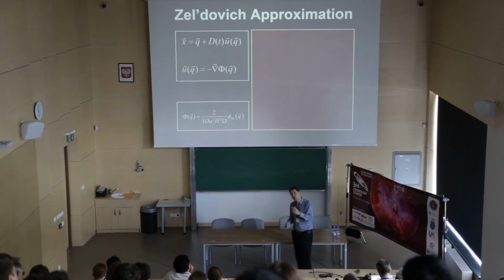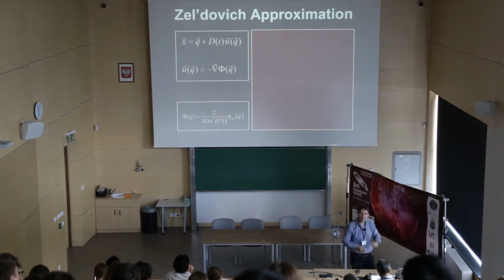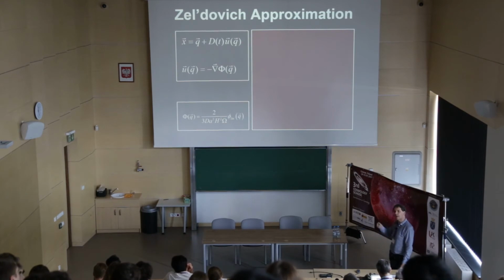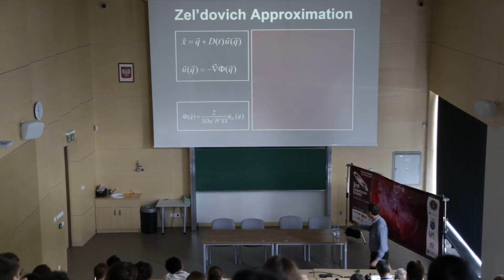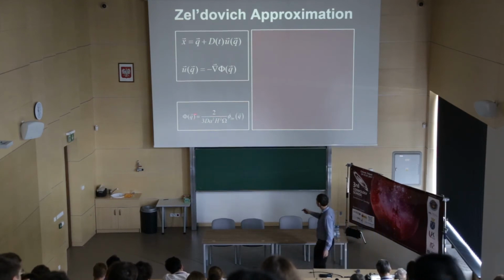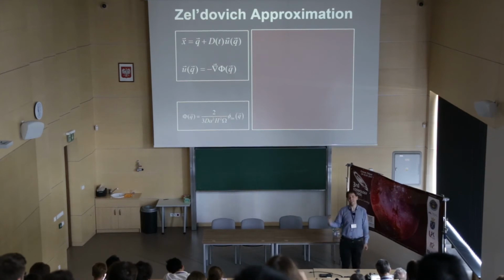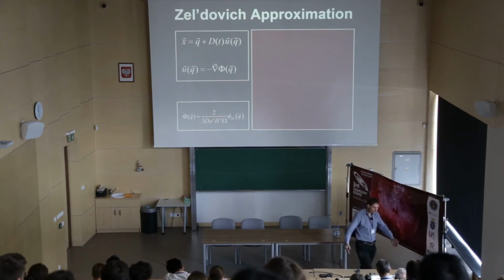And what he showed, and that's where the crux of the Zeldovich approximation comes from, is that it simply is the gradient of a potential field. It's the velocity potential, not the gravitational potential, but in the linear approximation, that velocity potential is directly proportional to the gravitational potential. So it becomes incredibly simple.